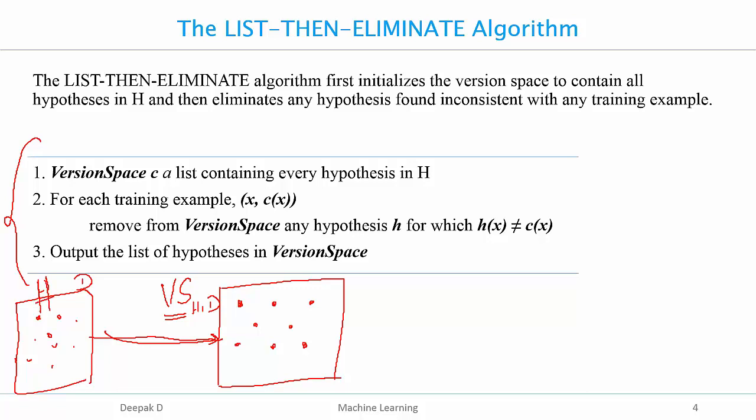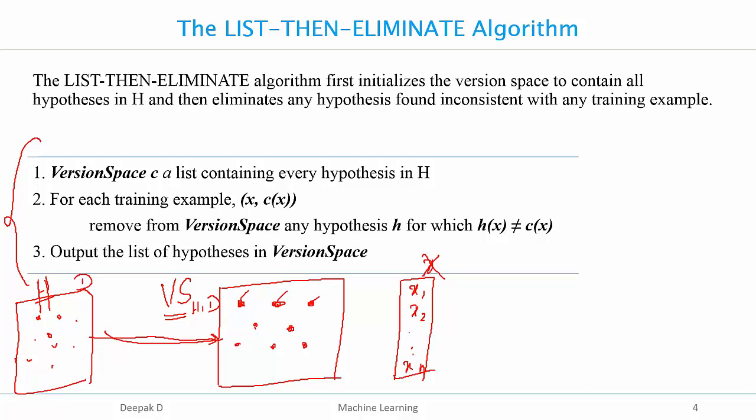So what will this list-then-eliminate algorithm do? For whatever hypotheses are in this version space, it will check each and every instance, which is represented as X, capital X. Every instance is represented in capital X. So you have to remove any of the hypotheses which are not consistent.